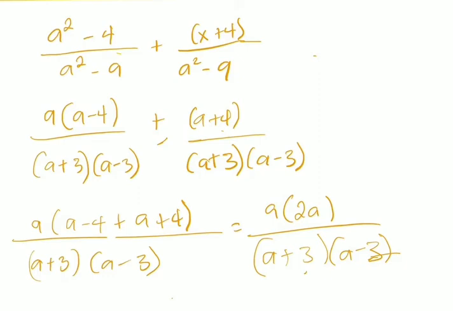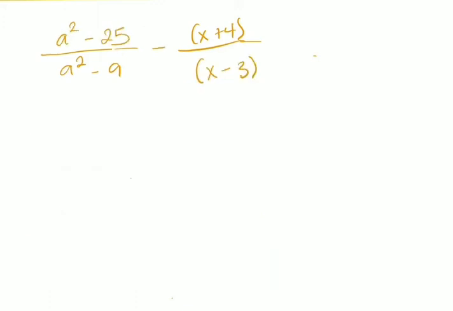Okay, so let's do a question where we don't have the same base. How are we going to do that? Here we have this. We're going to, again, factor all that can be factored. The top can be factored into a plus 5, a minus 5, subtract a plus 4.